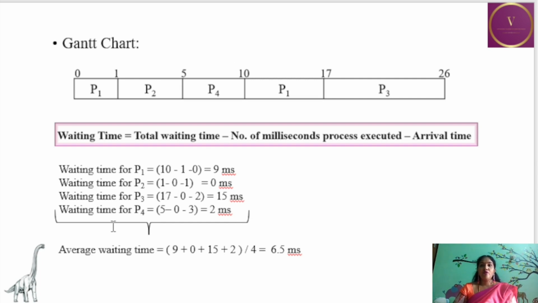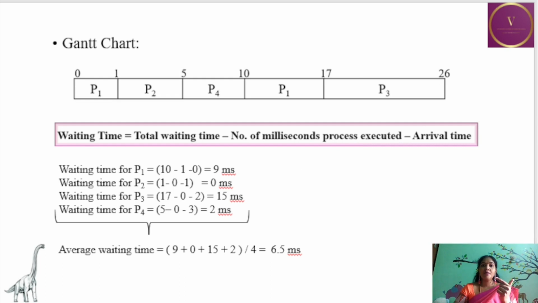And the waiting time for P3, the one which gets the CPU last. It is getting the CPU at 17 milliseconds. So our total waiting time is 17 minus the number of milliseconds the process executed. Did it get executed earlier? No, it didn't get the CPU before. So the number of milliseconds executed is 0, minus arrival time.